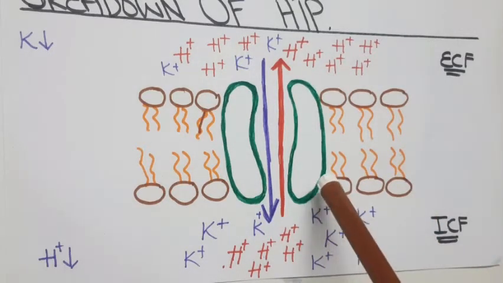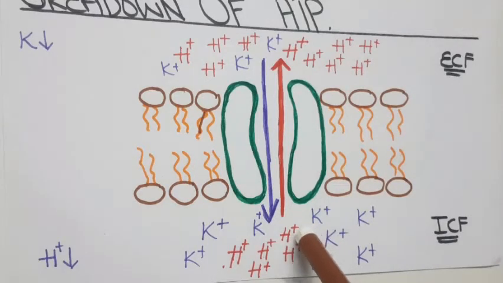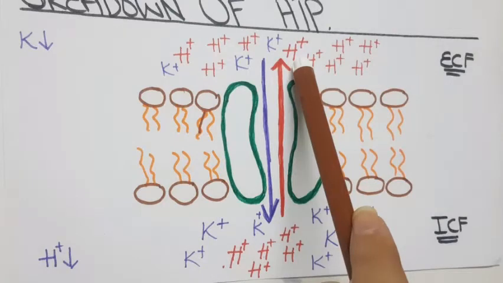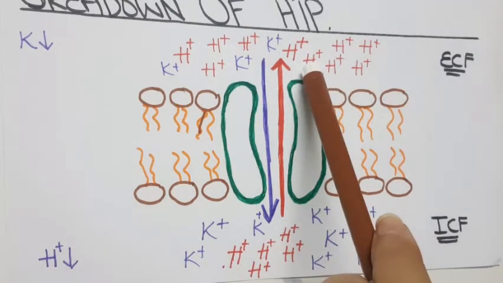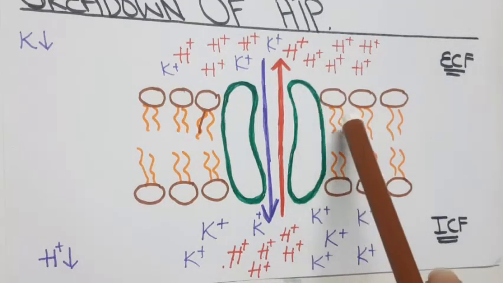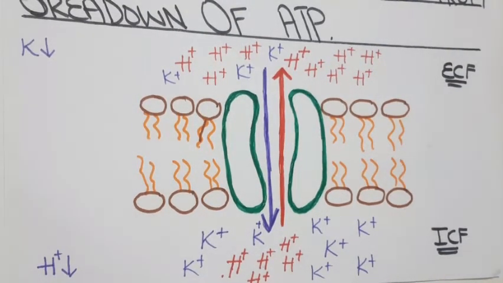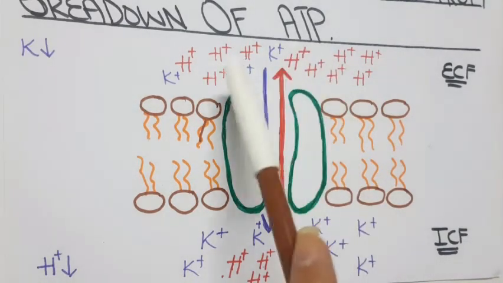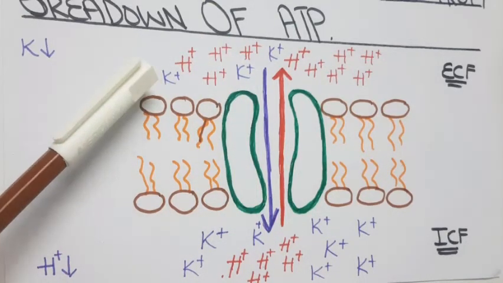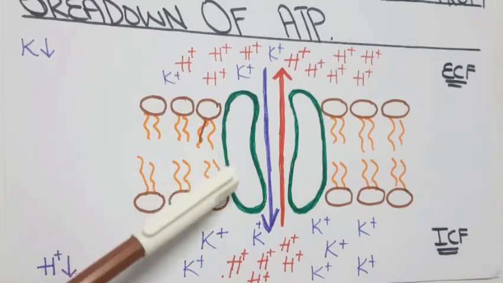So this proton pump will move hydrogen ions from low concentration towards high concentration, from intracellular to extracellular against the concentration gradient, and it will transport potassium ions against their concentration gradient from outside the cell towards the inside of the cell.